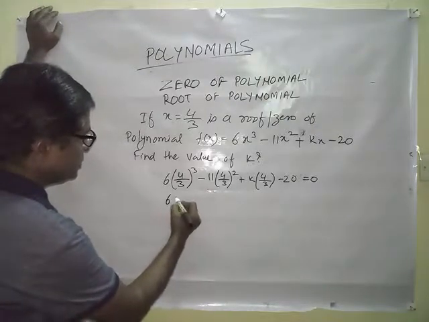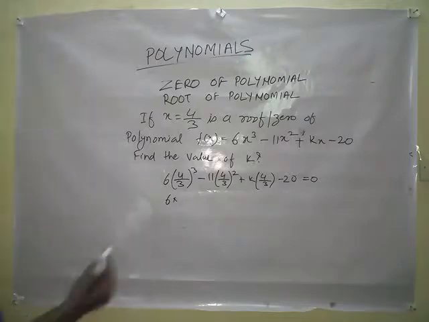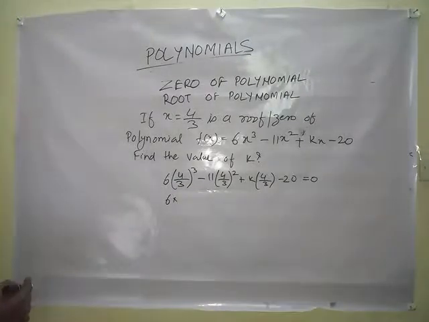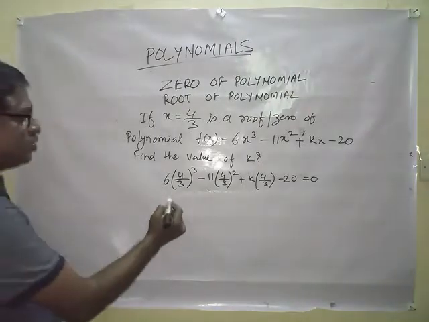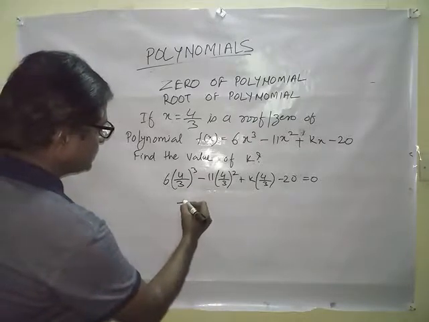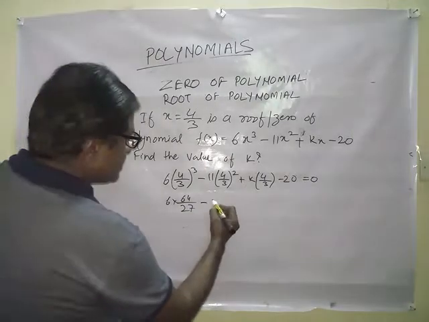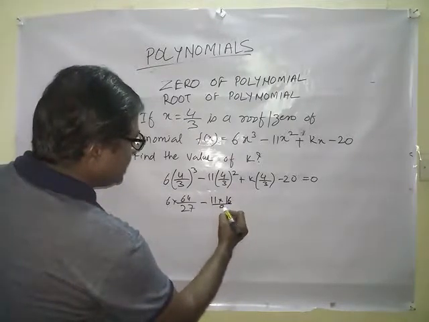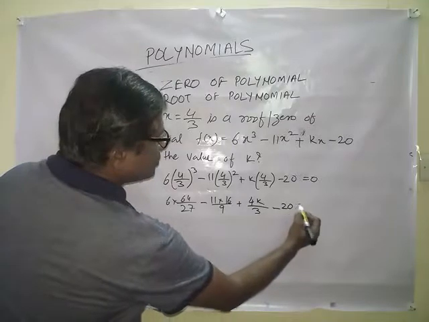Now solve this. 6 multiplied by 4 cube, that is 64, upon 27, minus 11 multiplied by 16 upon 9, plus 4k upon 3 minus 20 equal to 0.